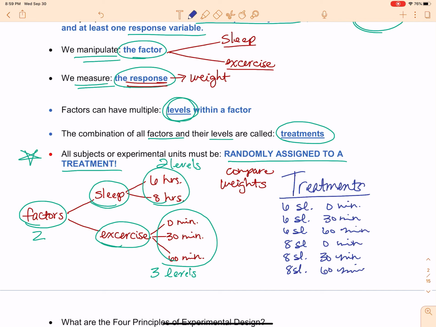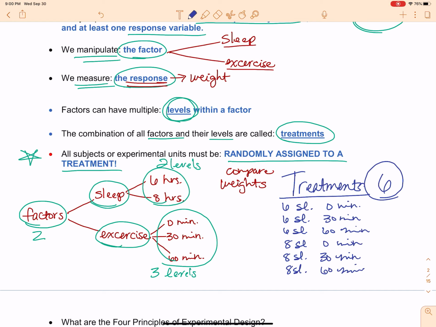How many treatments do I have? 6. So I've got 2 factors, 2 levels within one of the factors, 3 levels within the other, 6 total treatments. Miss Griggs, could I have just multiplied the number of levels? Yes. See, 2 times 3, oh my gosh. Math, still working.